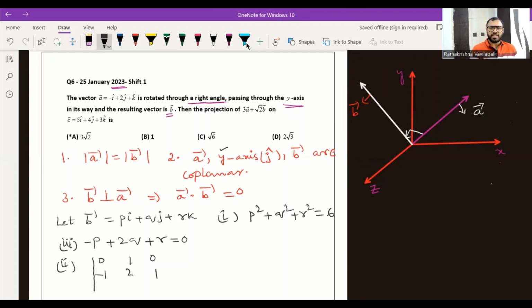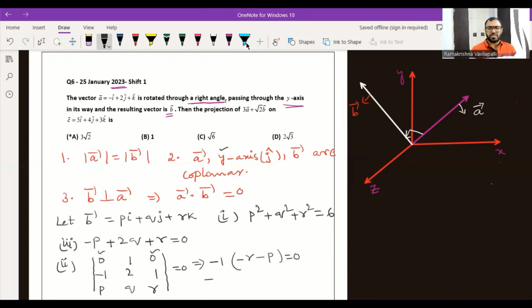And the B bar vector is P, Q, R, and the determinant equals 0. The first and third elements in the first row are 0, so only the middle element is left: 1 into -1 into, you will get minus R minus P equal to 0.